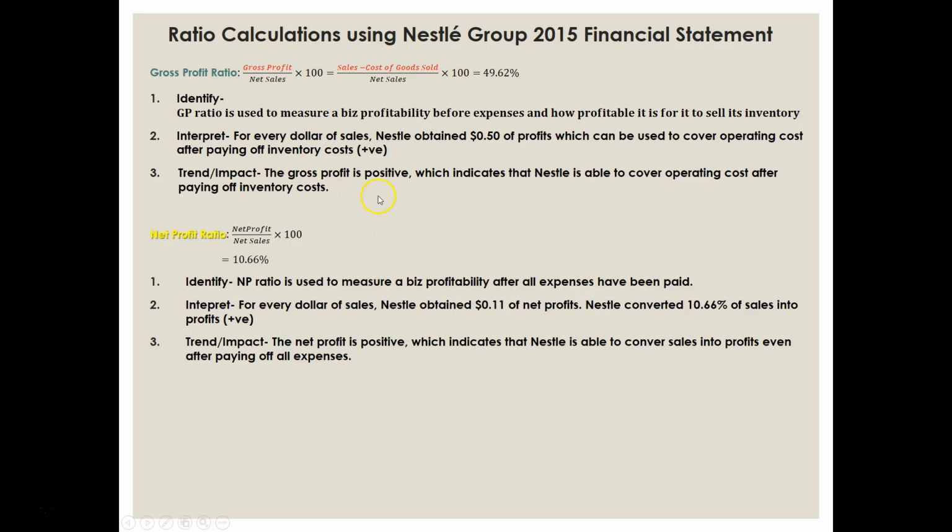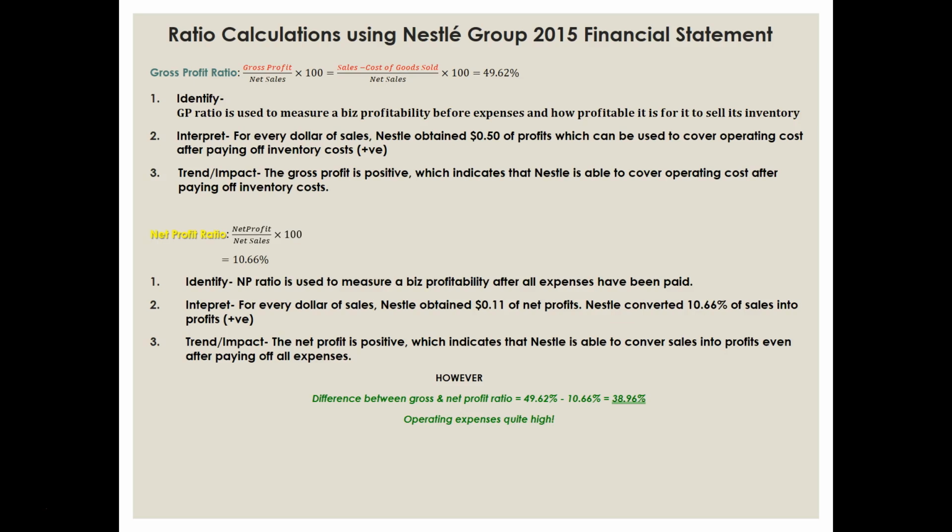You can see here, I'm using the mouse. Gross profit ratio of the same company, Nestle, is 49.62%. Somehow, for net profit, it's a lot less, about 30% less. So what happened in between here? I think it's quite obvious from the definition, obviously, that this difference has gone into paying off operating expenses.